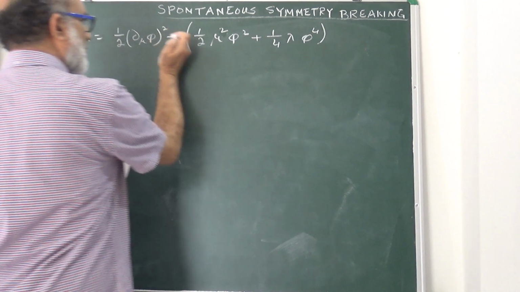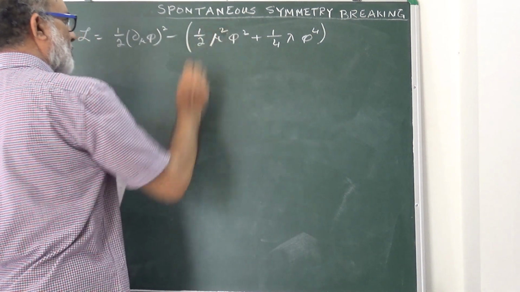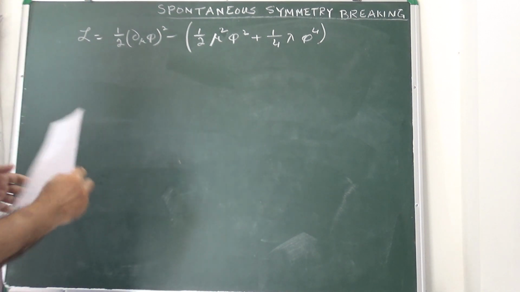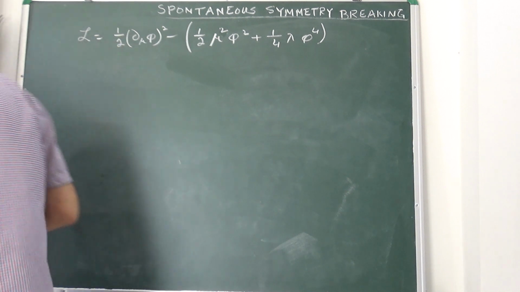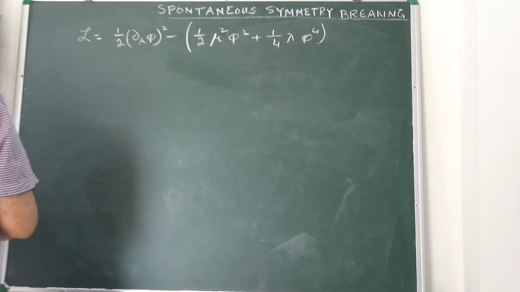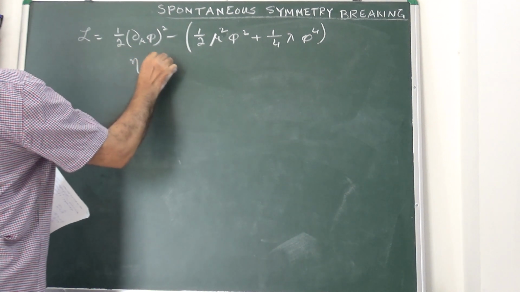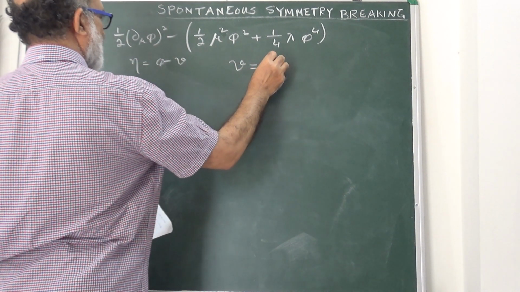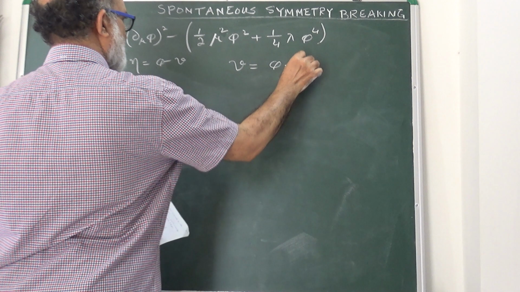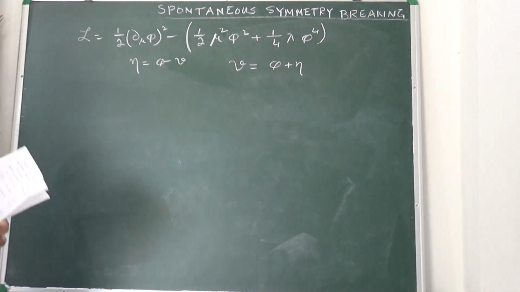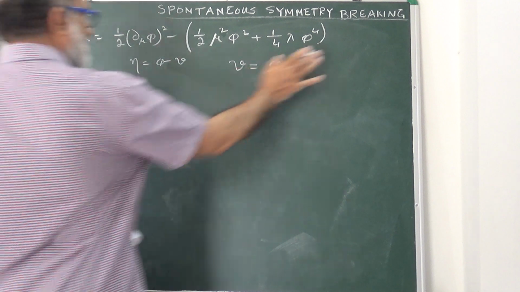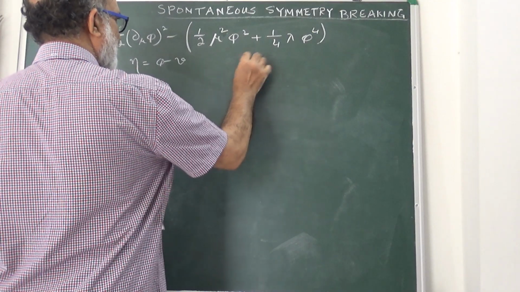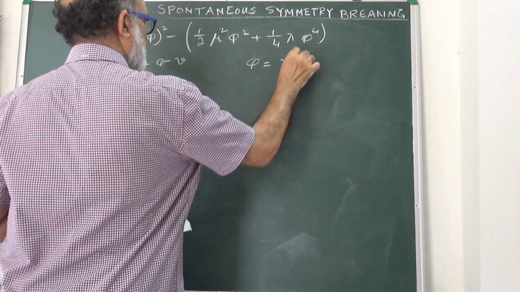Now since we have shifted our axis reference, eta was... we can write phi as eta plus v.